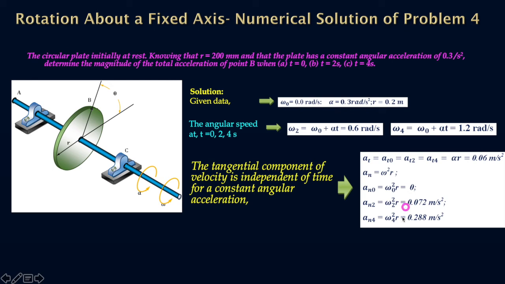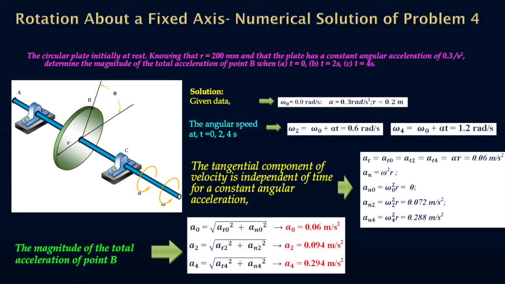R is the same for all, and similarly omega at time t equals 4 seconds, this is the equation. So all these are the tangential and normal components of acceleration at various times.